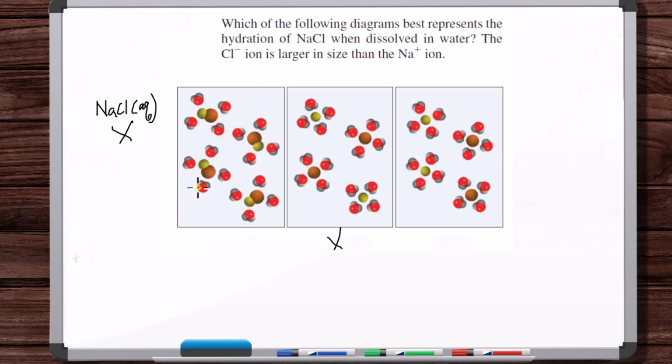So I should have noticed that in the beginning. This is wrong. An ionic compound is going to break down into the individual ions, and then, as you can see, the oxygen lines up with the sodium, and the hydrogens line up with the chlorides. So this is the best representation. These are both incorrect.